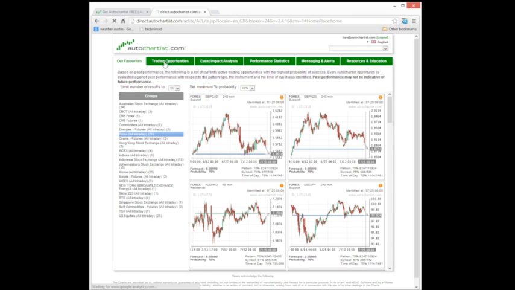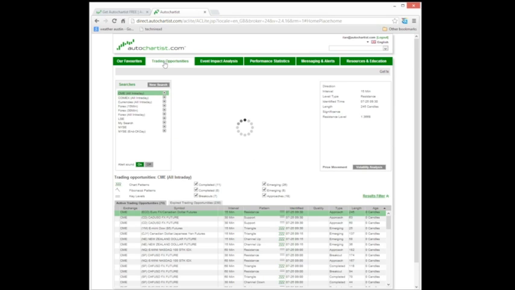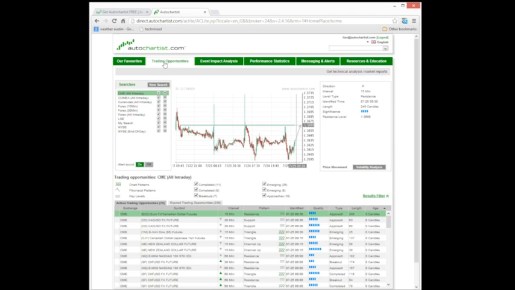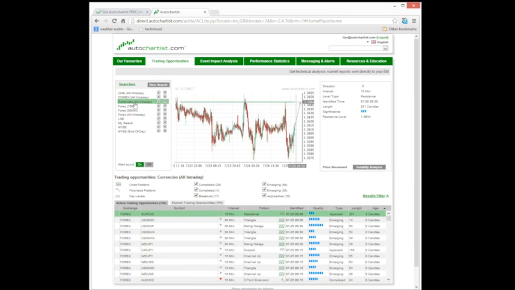The vast majority of you will actually land on a page called Trading Opportunities, which I've clicked on now. Depending on which search criteria you select, you'll get the appropriate opportunities for you on the screen under Trading Opportunities.